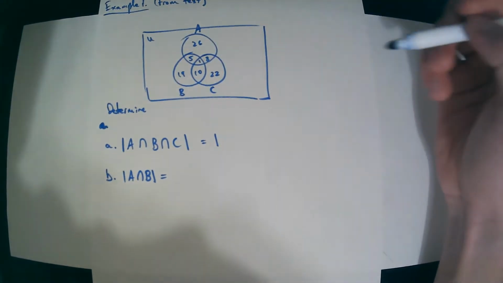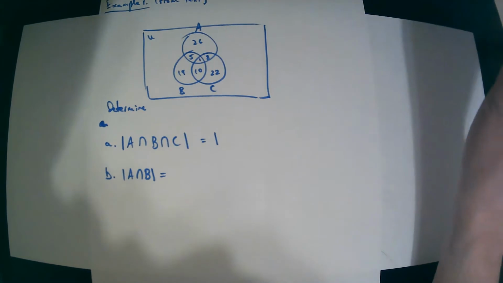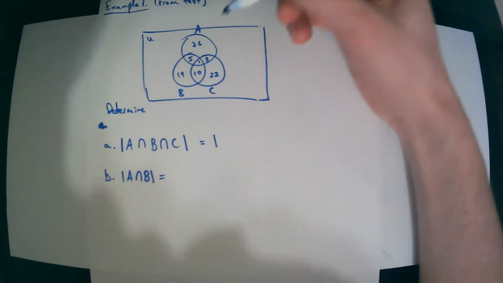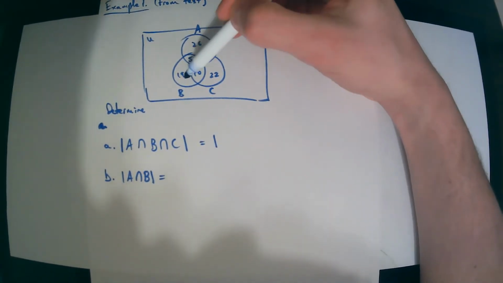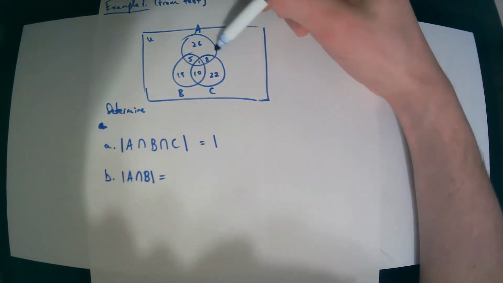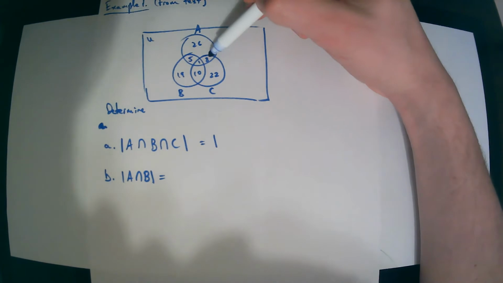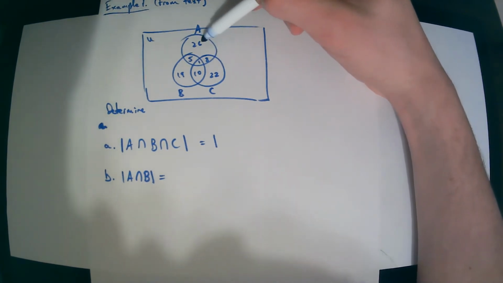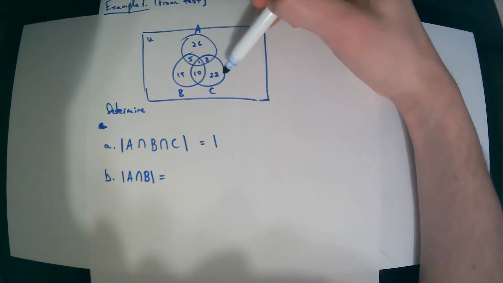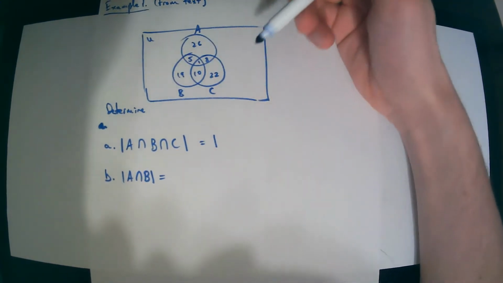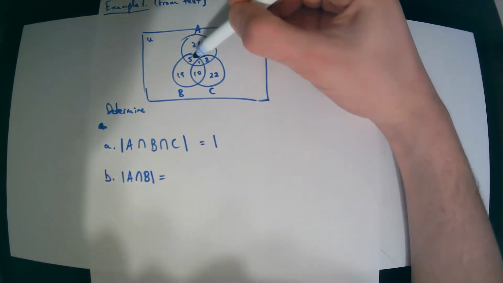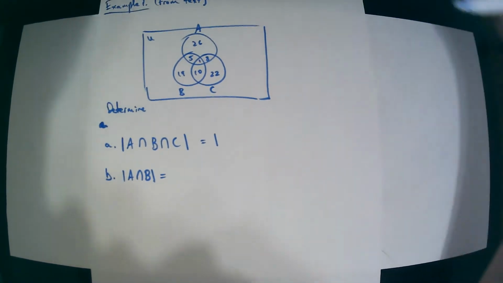Disregard what I just said. We're looking at the intersection, so the stuff that's in A and B at the same time. Not only will the 22 not be involved because it's in C, but this 8 won't be involved, and this 26 won't be involved, because those are just in A and not in B. What numbers are in A and B at the same time? Well, the 5 and the 1, right?